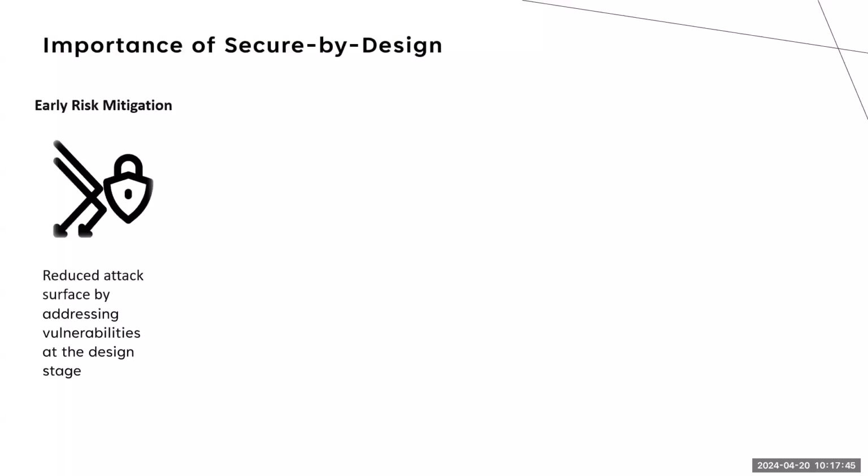Okay, so further to the importance of secure by design, there's a lot, but let me just tackle 5 things here. Early mitigation by incorporating security considerations into the design phase. So SBD enables early identification and mitigation of security risks. It addresses vulnerabilities at the design stage.